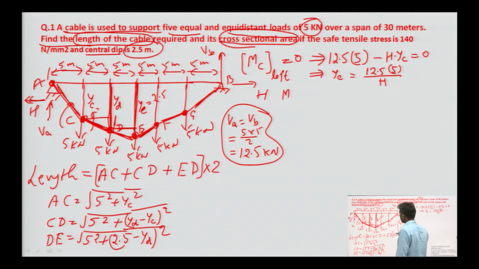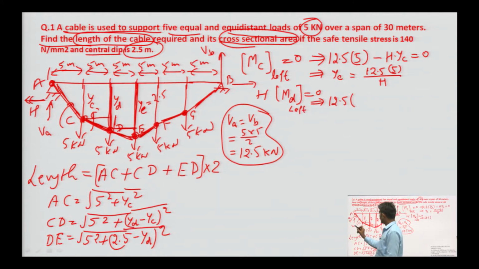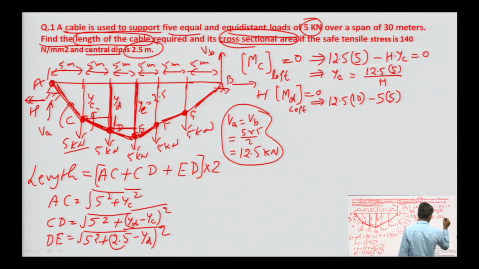Similarly, if we apply the bending moment at point D for the left part equal to 0, then what will we have? For the left part, the value of VA multiplied by 10, minus the force 5 into perpendicular distance 5, minus H into YD, the horizontal thrust and its perpendicular distance, comes to be 0.